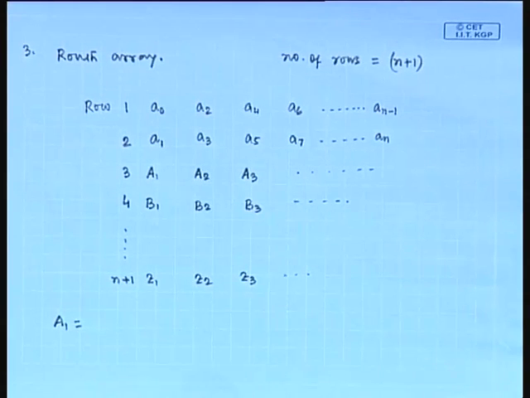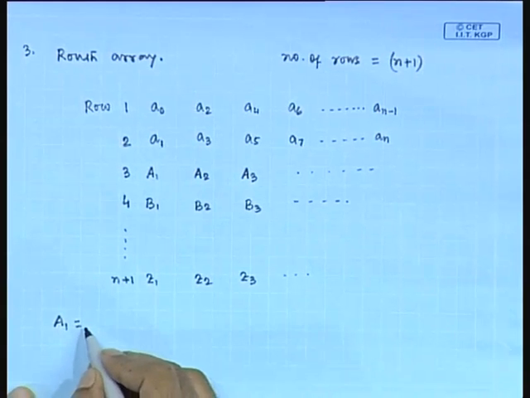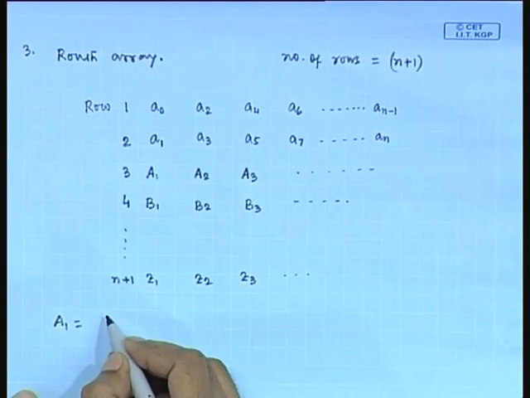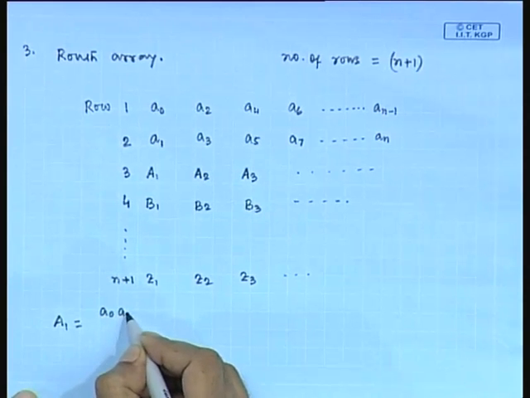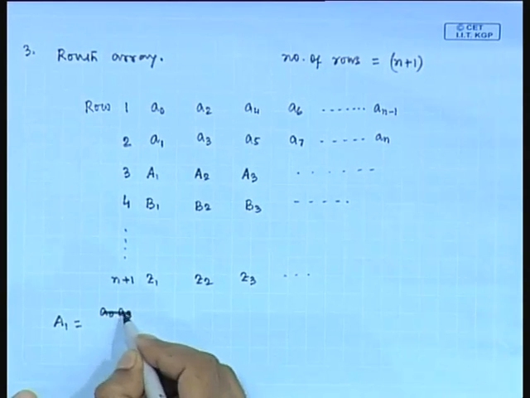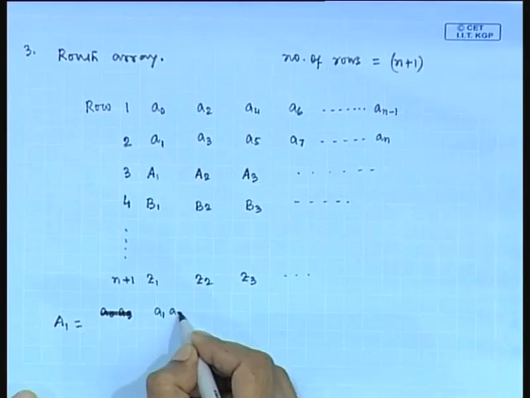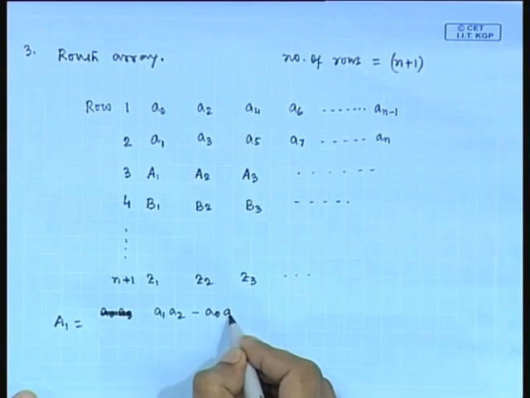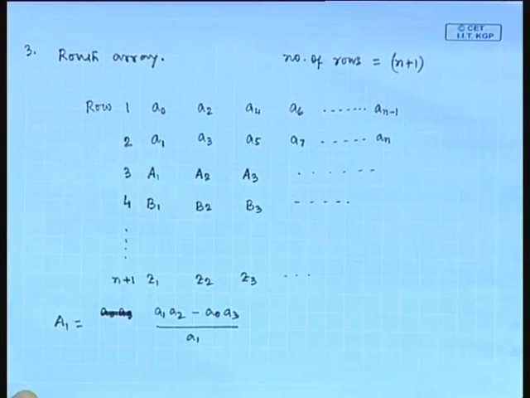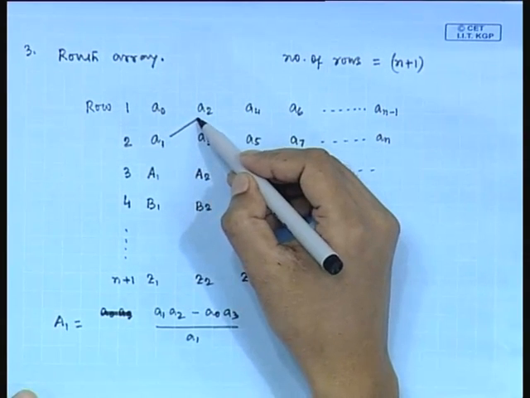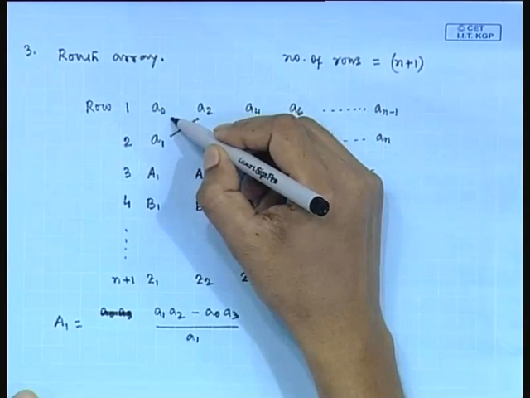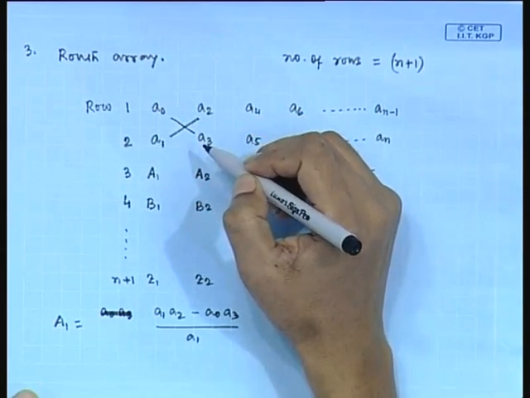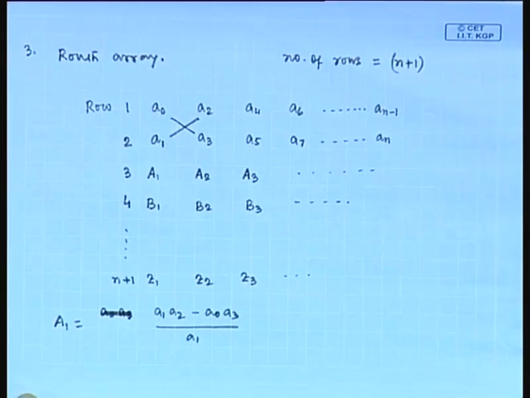Capital A1, which is the first element of third row, is calculated as A1 A2 minus A0 A3 divided by A1. This is the expression for capital A1.